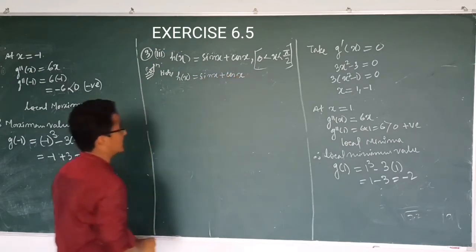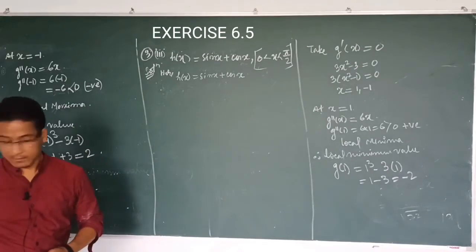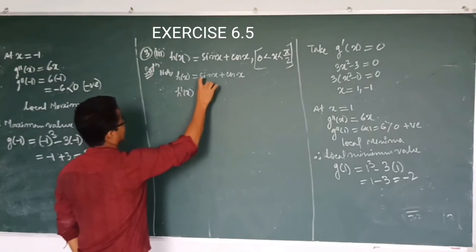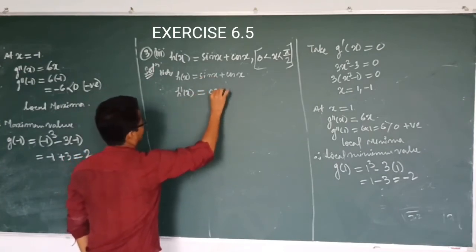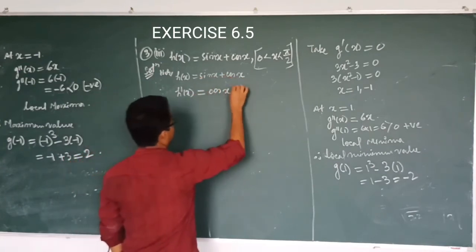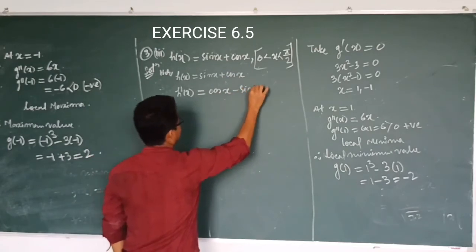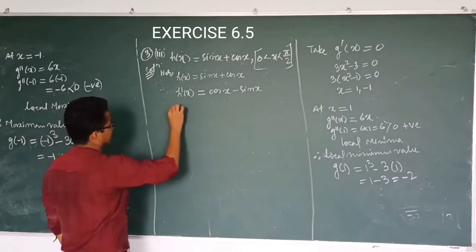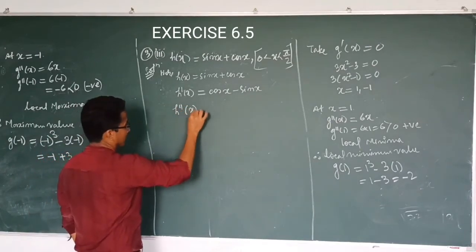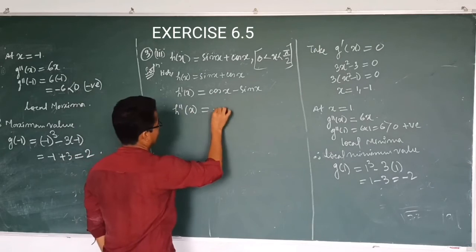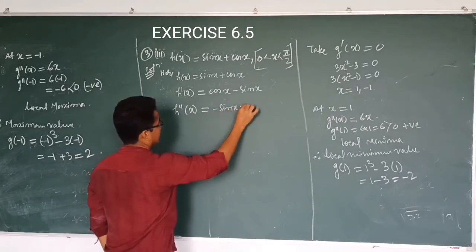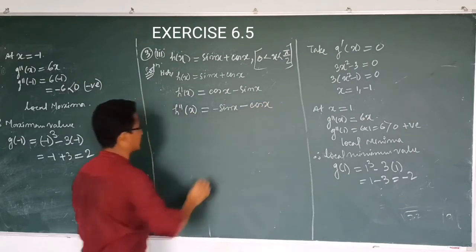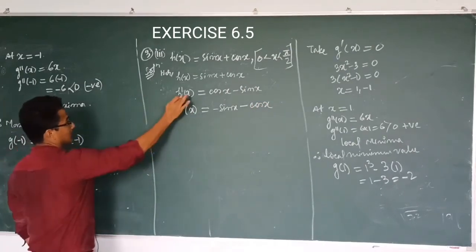We know that d/dx of sin x is cos x, and d/dx of cos x is minus sin x. Clear? Minus sin x. For the second derivative, d/dx of cos x is minus sin x, and d/dx of sin x is cos x. This is the second order derivative.